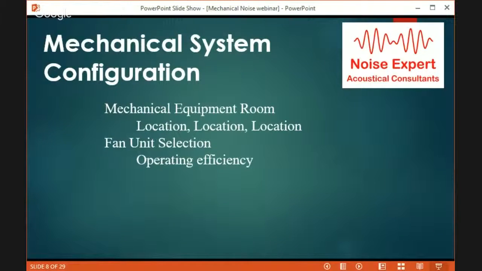And manufacturers generally will provide noise levels, octave noise levels, and that's what we'll use for our predictions. And they give us discharge side noise, inlet noise, and radiated noise, but sometimes they won't. And we just have to use ASHRAE tables given the size, the type. We'll come up with something that's similar.